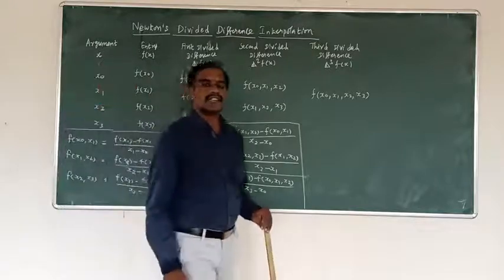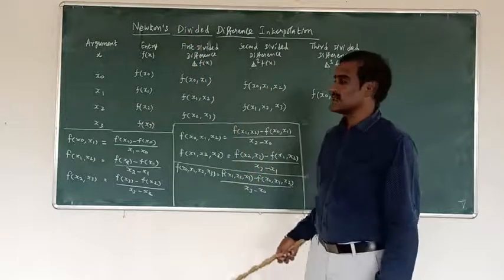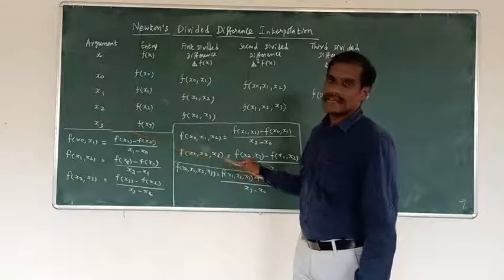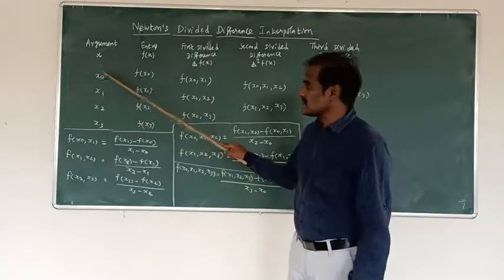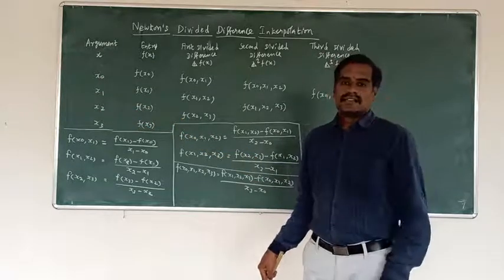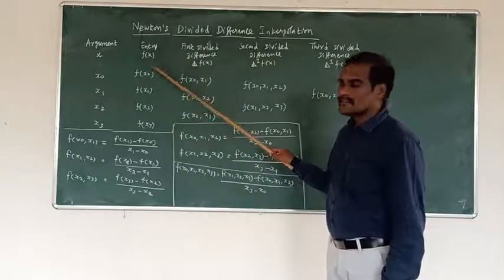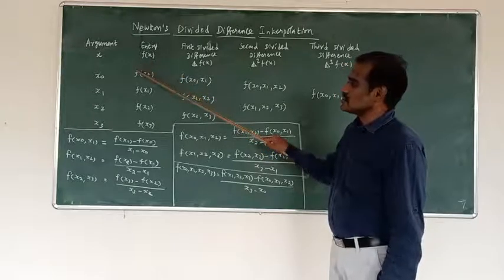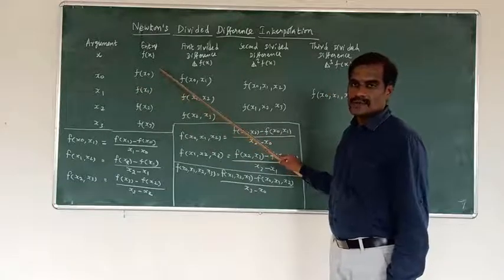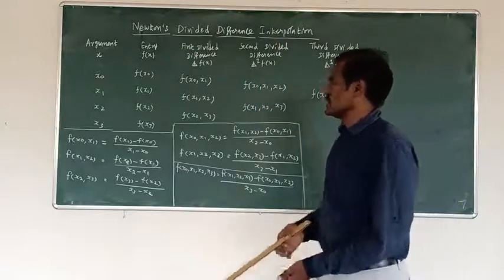When we can use the formula, there are two conditions: the given x values from x naught to xn have intervals that are not equal, as well as the given y values, y or f of x, from y0 to yn are large.